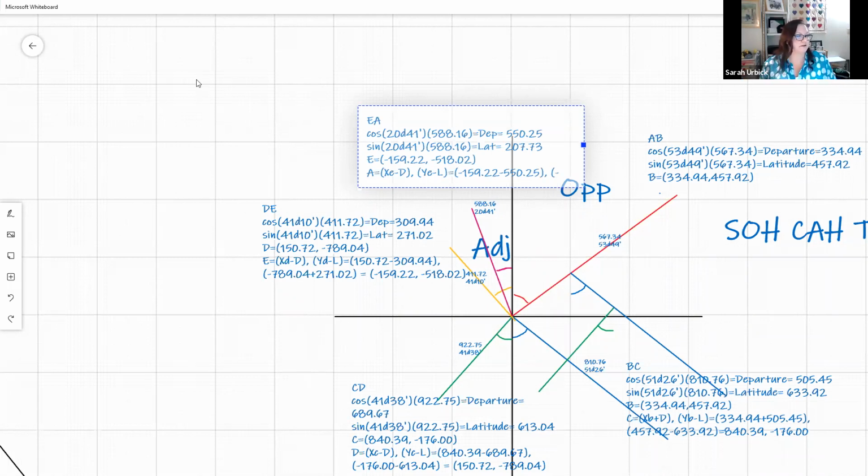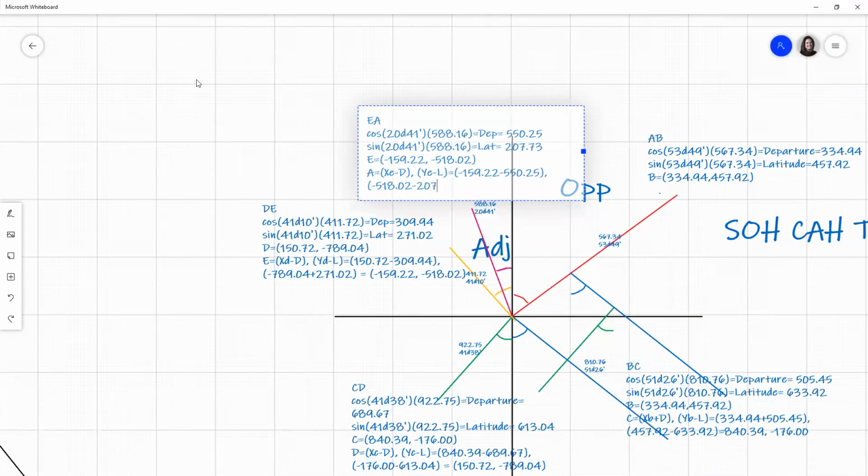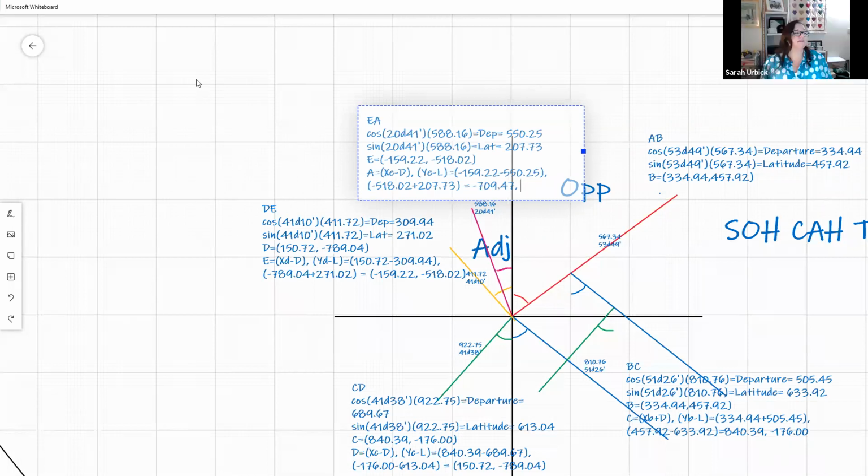My latitude. Something did not go right here.